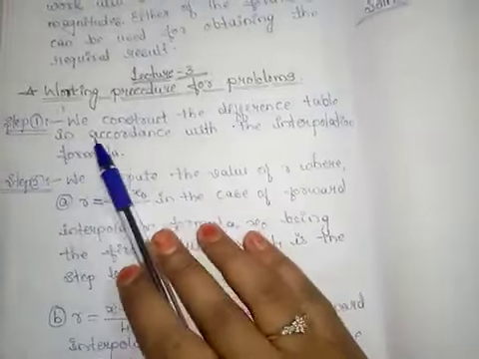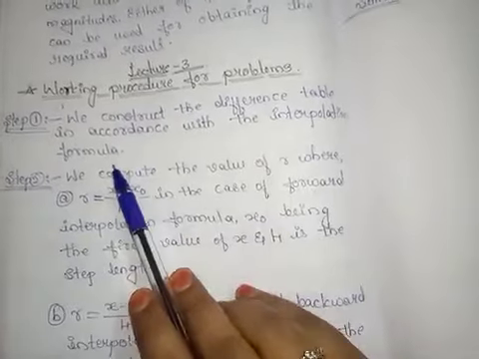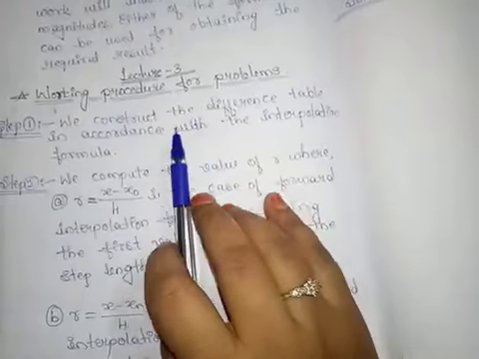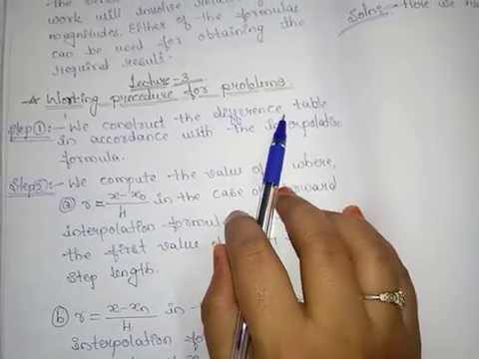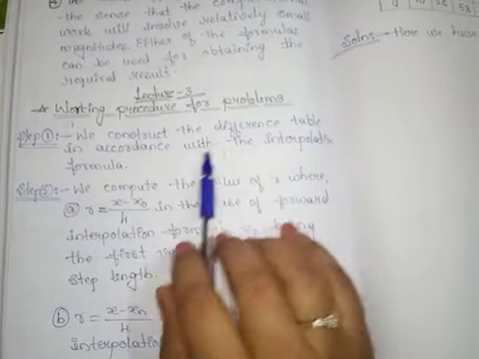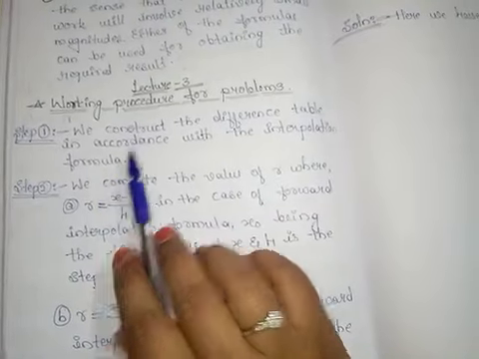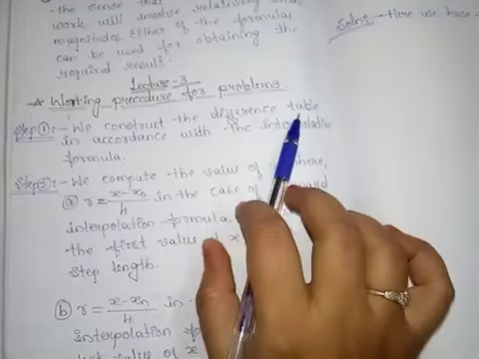Step 1. We construct the difference table in accordance with the interpolation formula. First we have to construct the difference table, and also we have to observe which interpolation formula is applicable here. You know how to construct the difference table.